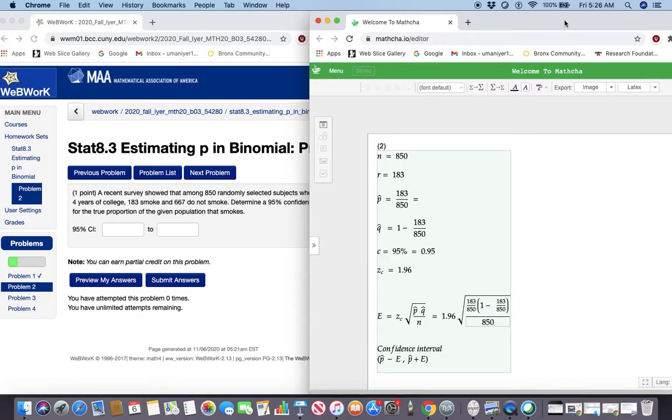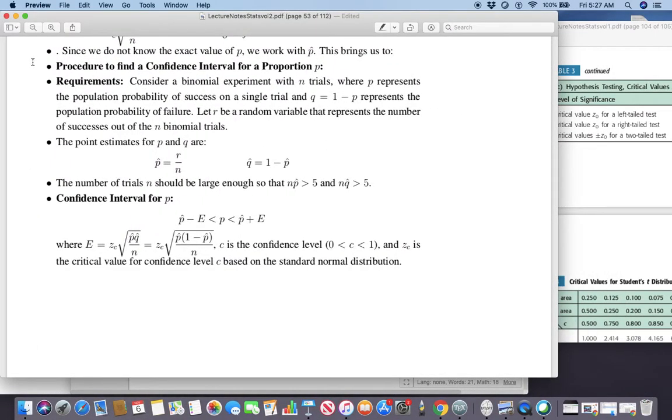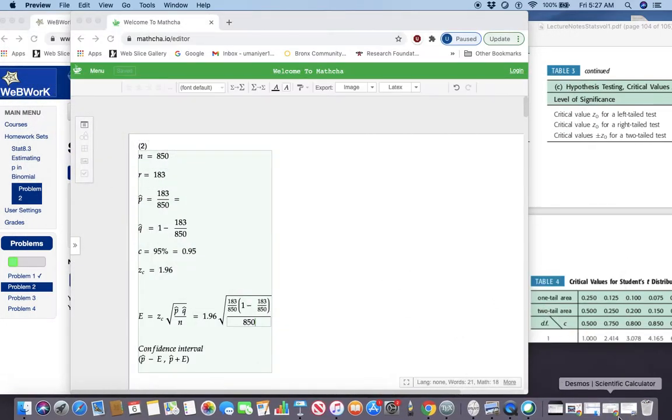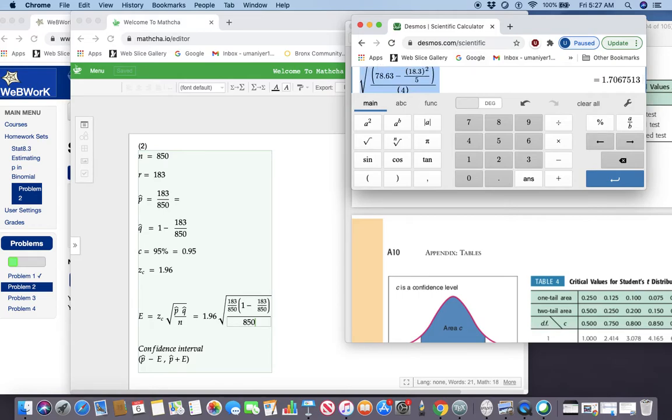So let's calculate these values. If I can find my calculator, there you go. All right. So first, 183 over 850 is all of this.